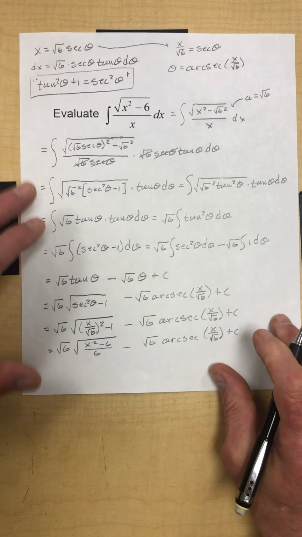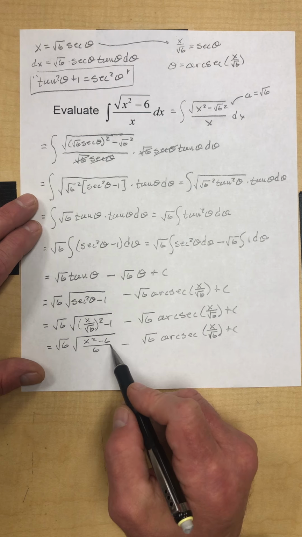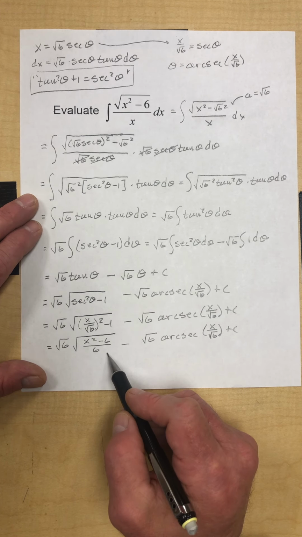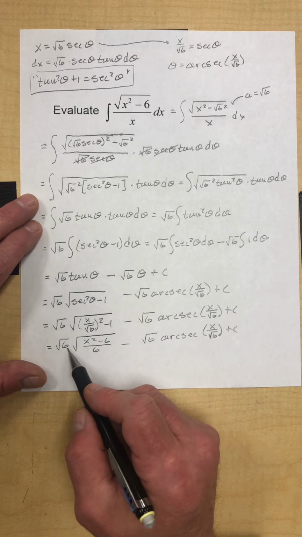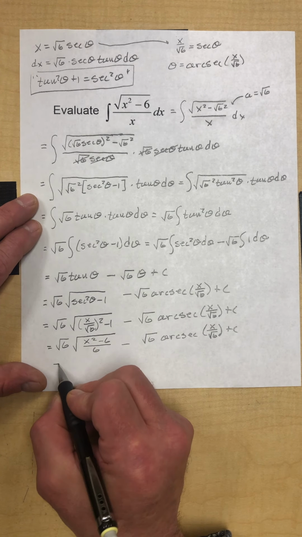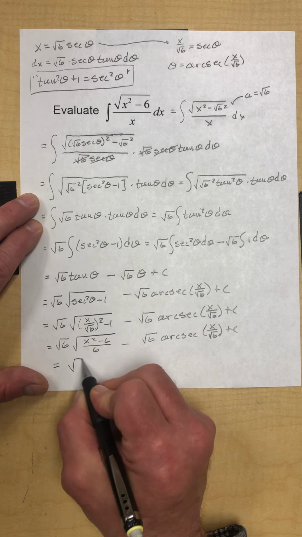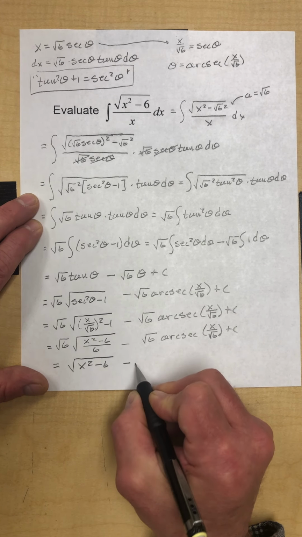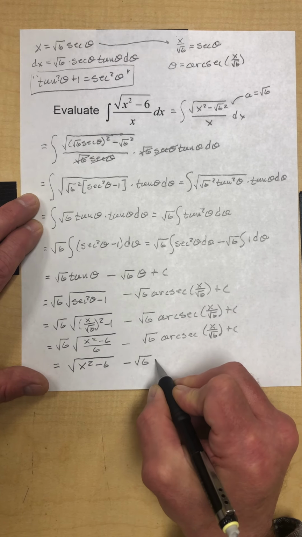And then we say, okay, well, what happens here? Well, notice if I use the quotient rule here, I'd have the square root of x squared minus 6 over the square root of 6. So notice that square root of 6 down below cancels with this square root of 6. And so I am just left with the square root of x squared minus 6 minus radical 6 times the arc secant.